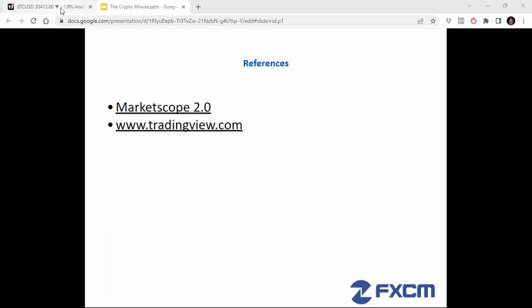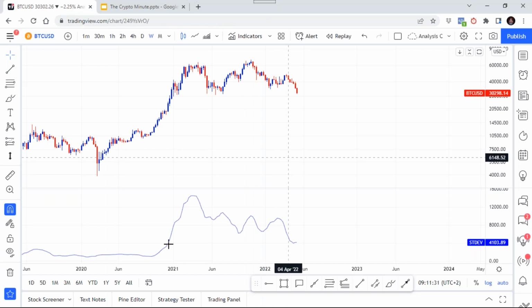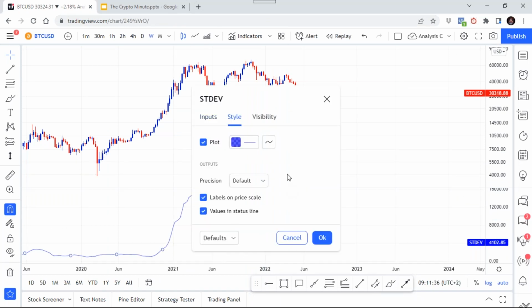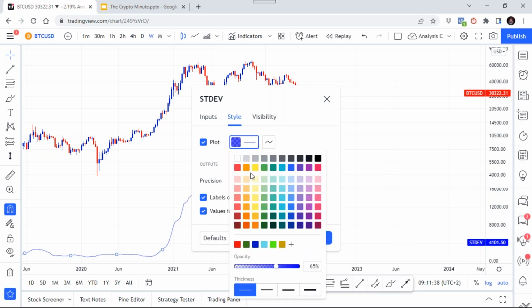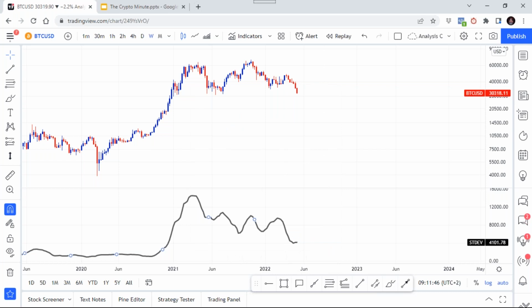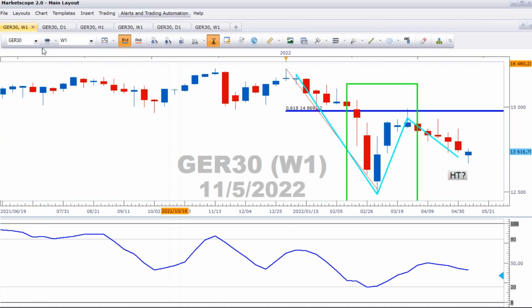I think we will use TradingView. I want to suggest something with regards to a standard deviation here. But before we do that, let's just do an analysis on Bitcoin itself. All right, let's bring up my chart in Bitcoin.